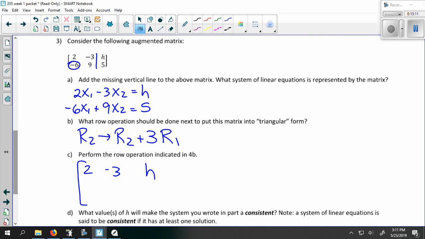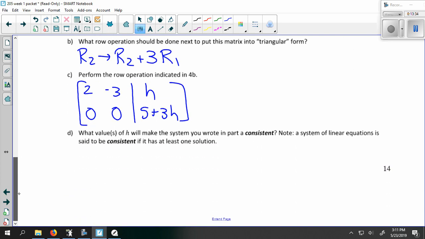So -6 plus 3 times 2 is 0. And then 9 plus 3 times -3 is 0. And 5 plus 3 times h, 5 plus 3h, goes in the last entry there.